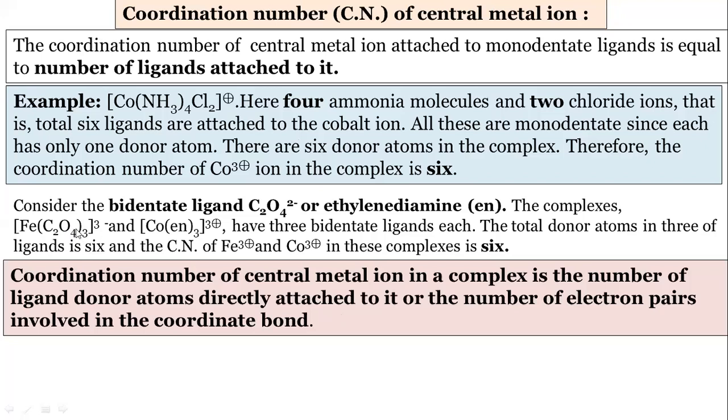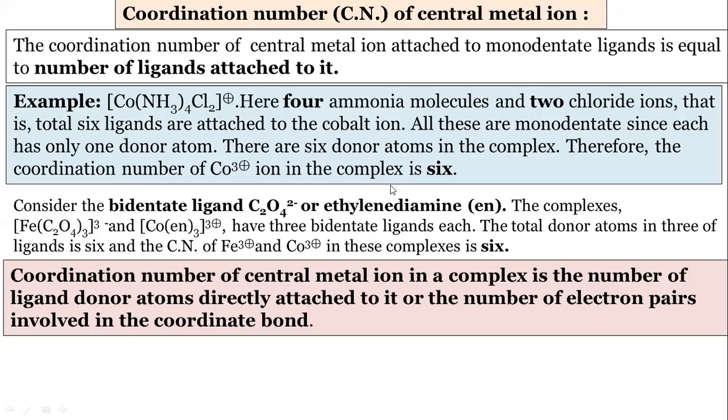One oxalate ion gives 2 electron pairs because 2 donor groups are there. As there are 3 oxalate ligands, how many electron pairs will be involved? 2 plus 2 plus 2 means 6 electron pairs will be involved. So the coordination number is 6, remember.